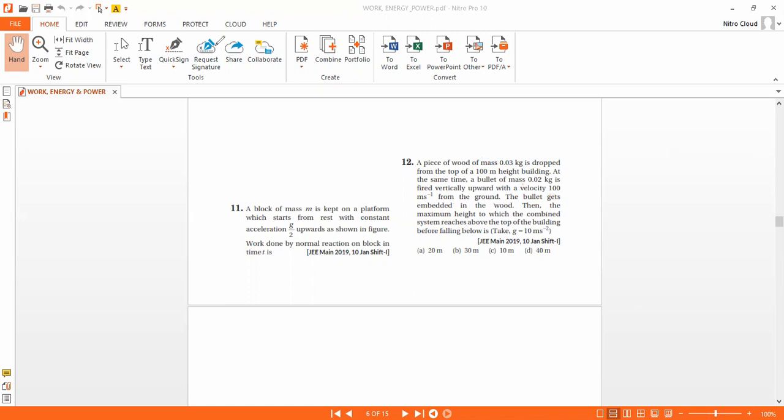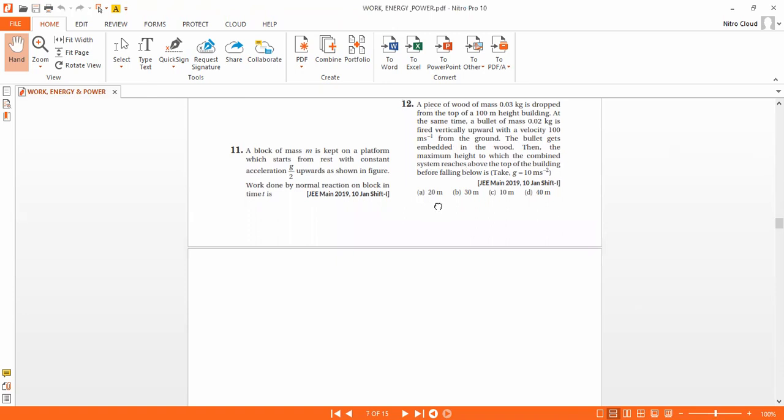Firstly, we'll write the mass of the wood as 0.03 kg, and it is at a height of 100 meter. Now the mass of the bullet is 0.02 kg.